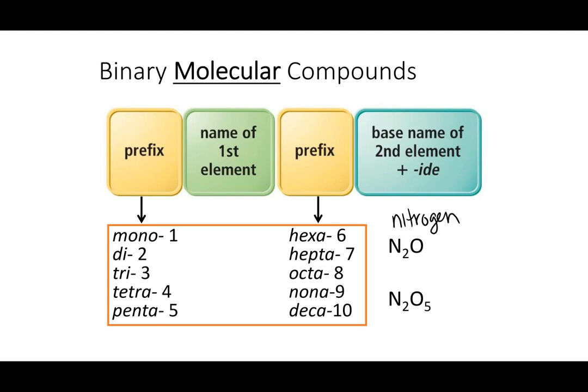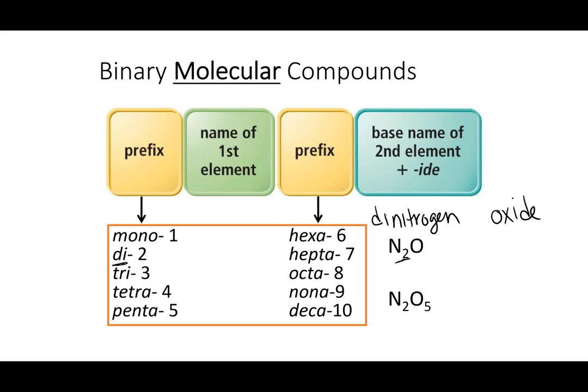The second element I see is oxygen, but I've got to keep the base name and add IDE, so oxide. Okay. Then I'm going to put in the prefixes based on how many of each I have. So I have 2 nitrogens. That is the prefix di.